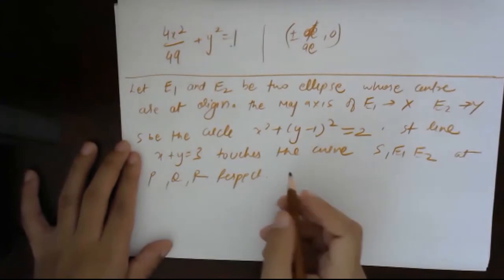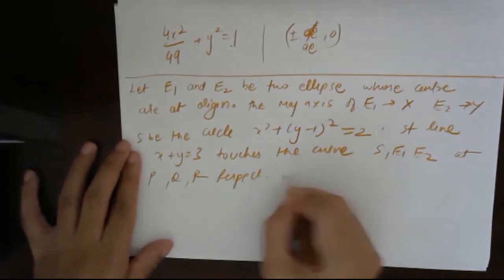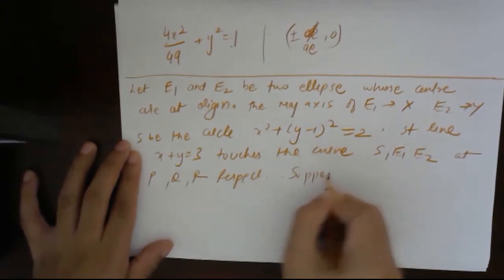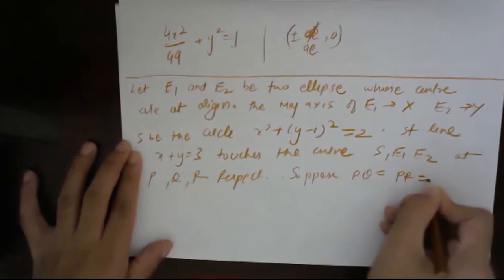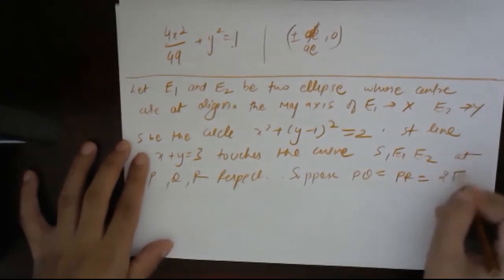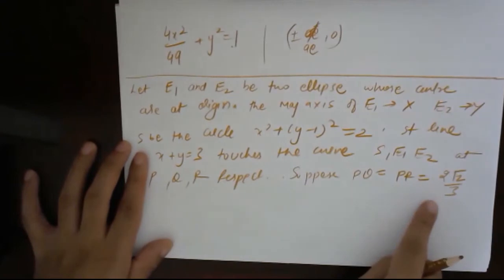Okay, at P, Q, R respectively. Suppose PQ is equals to PR is equals to 2 root 2 by 3.